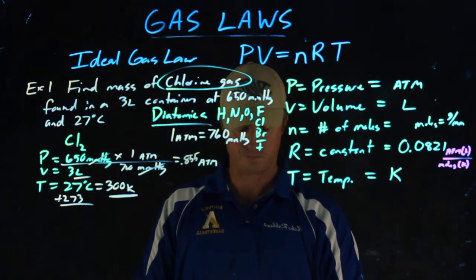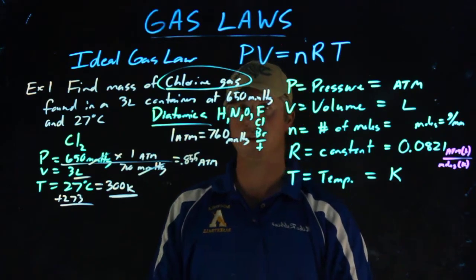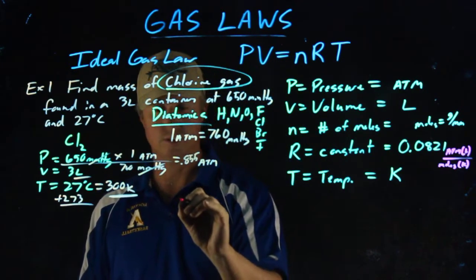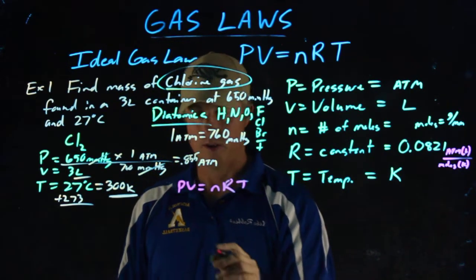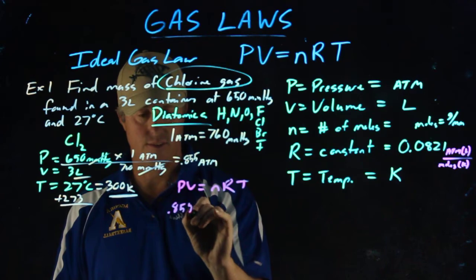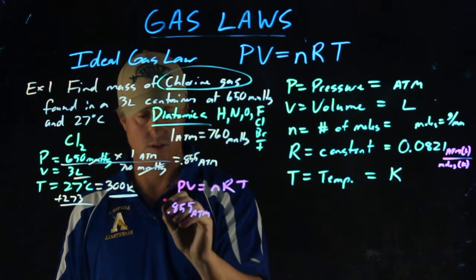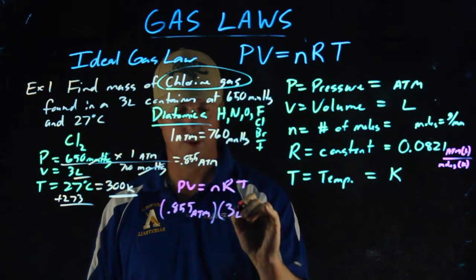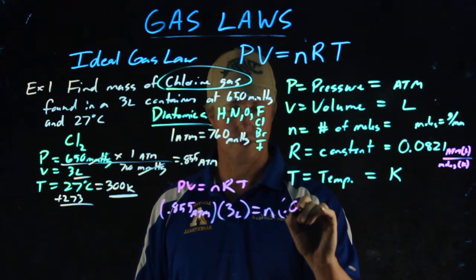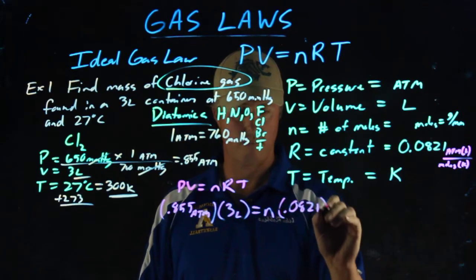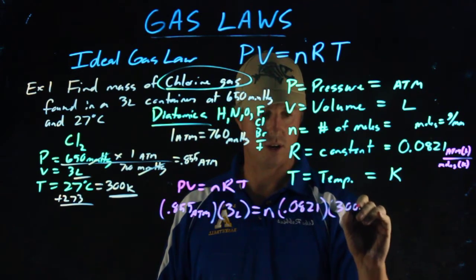Okay. So let's plug into PV equals nRT and start. So I have a pressure, 0.855 atmospheres. That's my pressure. My volume was 3 liters. I don't know my number of moles. R is 0.0821, and my temperature was 300.